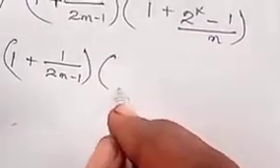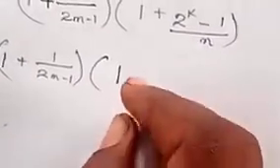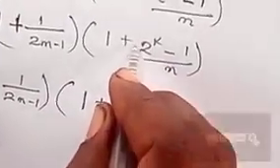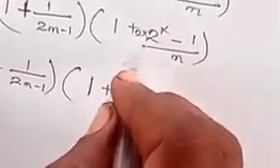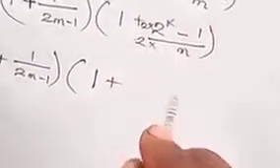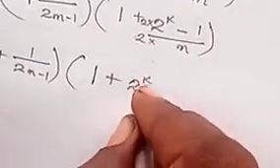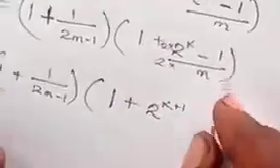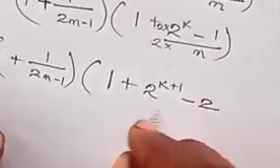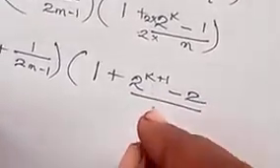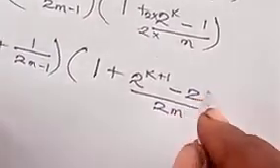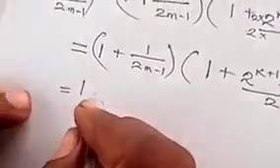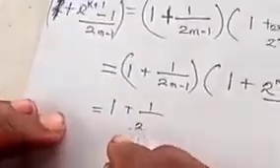You can rewrite it as 1 plus, multiply both sides by 2, and multiply this one by 2, divide by 2. So we have 2k plus 1 minus 2 all over 2m.